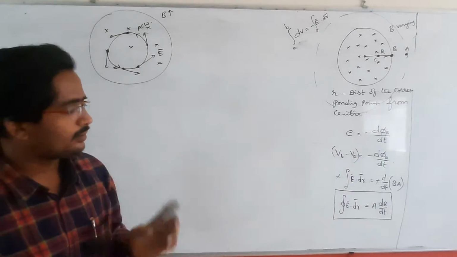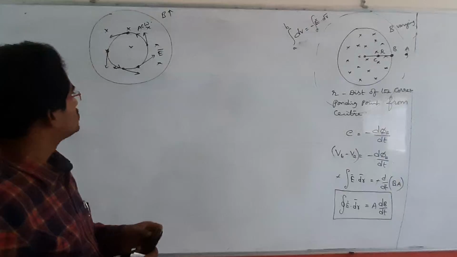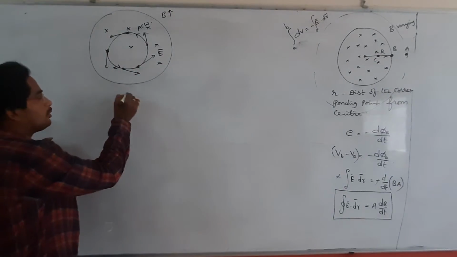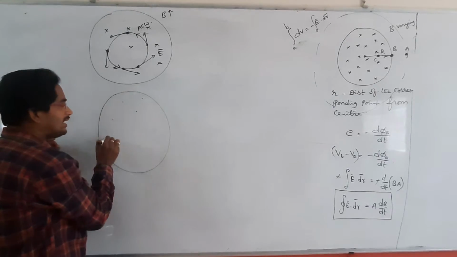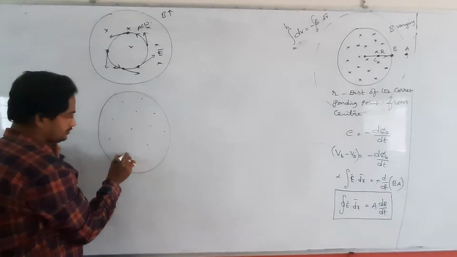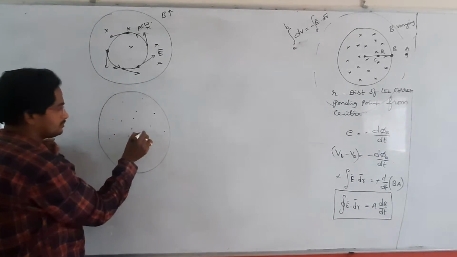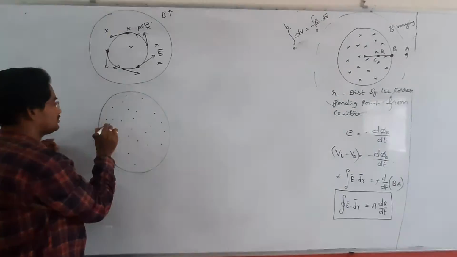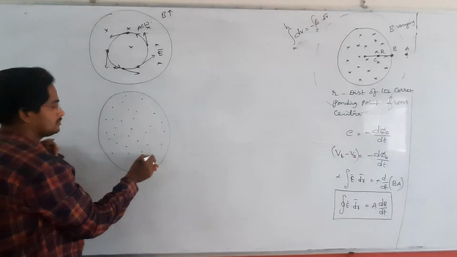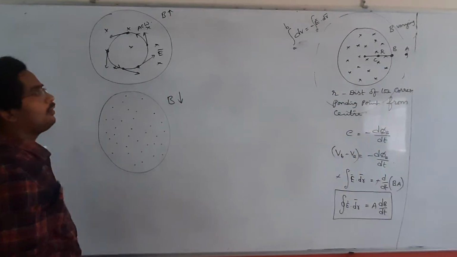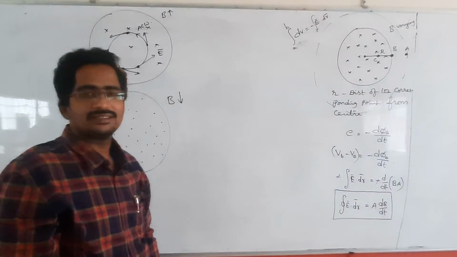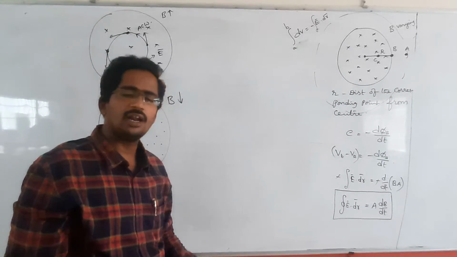Do remember that formula. For example, I am giving you one more diagram. In this one, the outward field is decreasing. What about the electric field intensity at a point inside the field or outside the field?